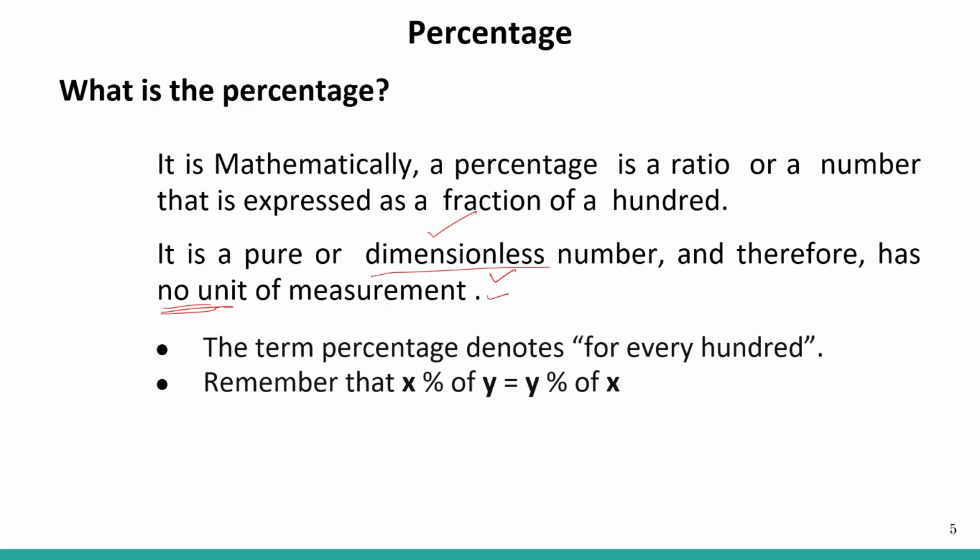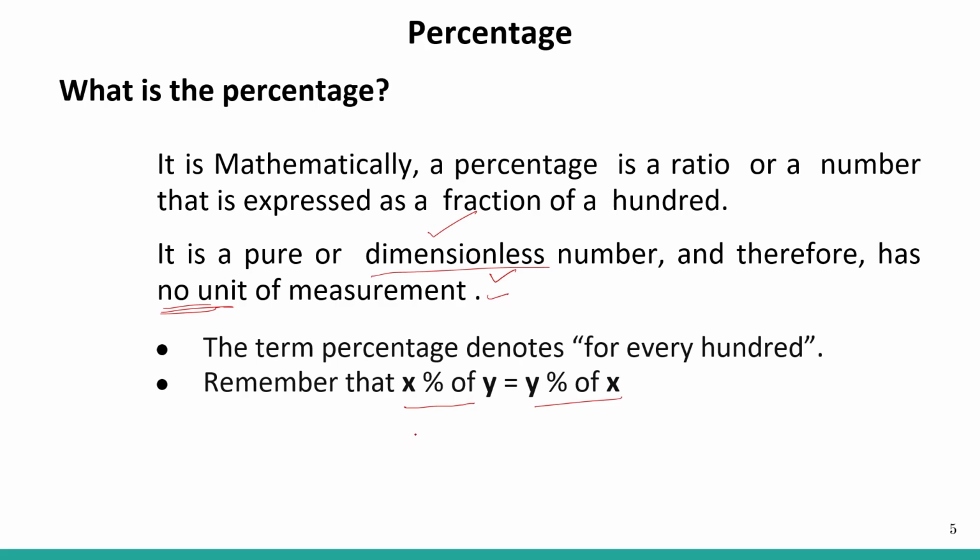Remember that x percent of y is equal to y percent of x. What does this mean? This is written in short here, but let's take an example and observe it.